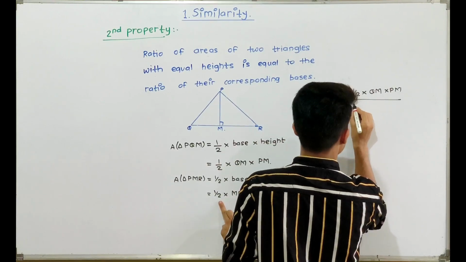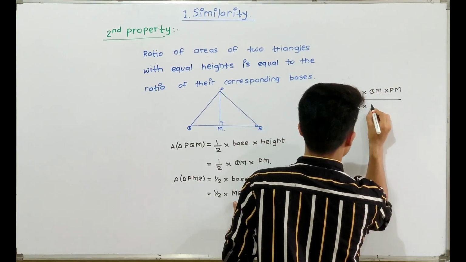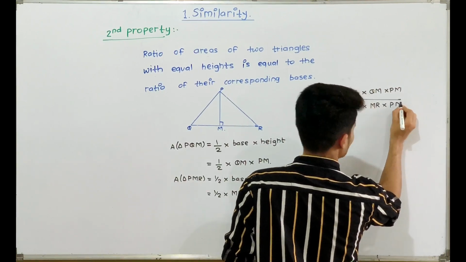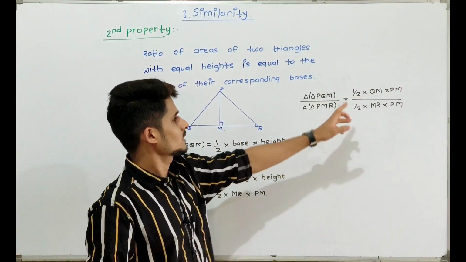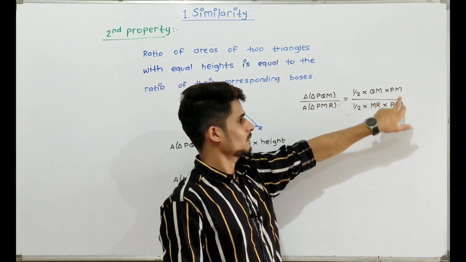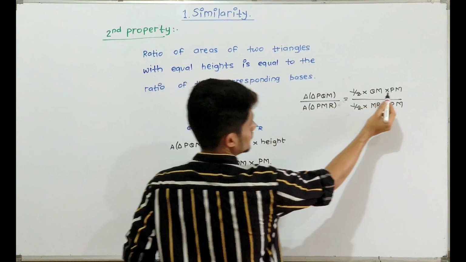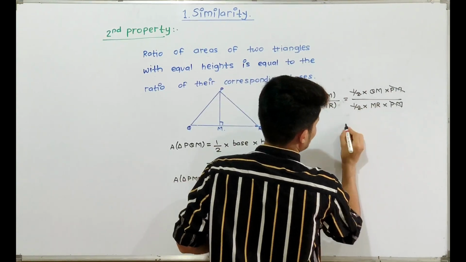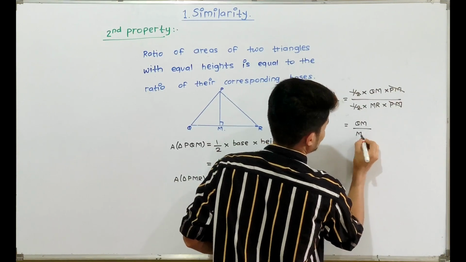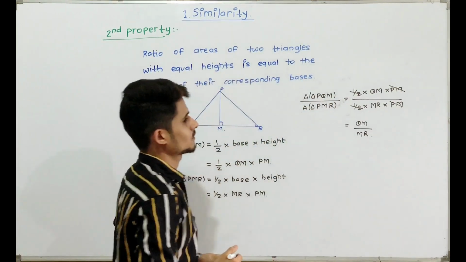Similarly, half into base is MR and height is PM. Now as you can see, half is common and height PM and PM is common. So it is eliminated and QM upon MR is the remaining value.